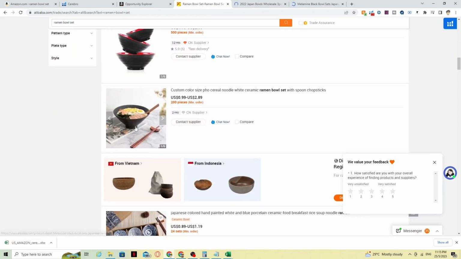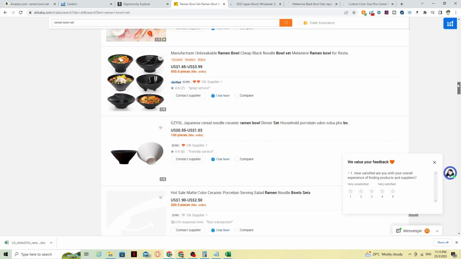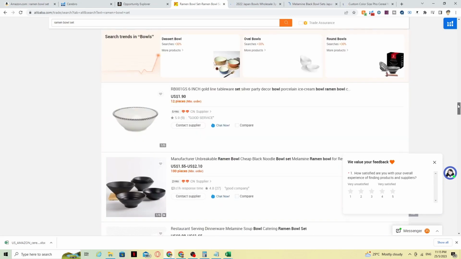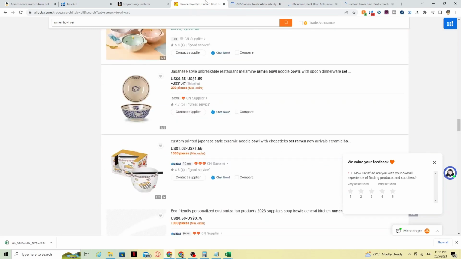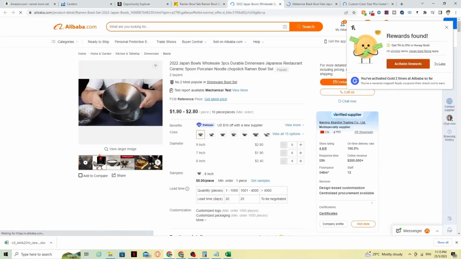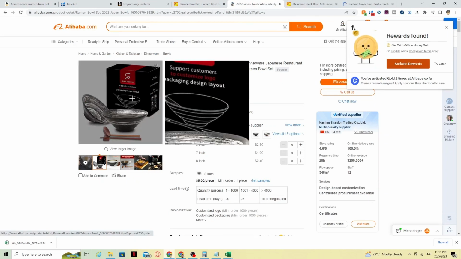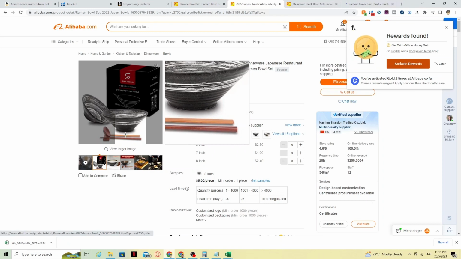I love this because there's a full set of chopsticks as well, so it gives you maybe another good representation. Alright, let's say I want to do it in a set of two, right? Basically, I want to provide a set of two like this, just what this guy does, except not just one set, but two ramen bowls with two of these inside.